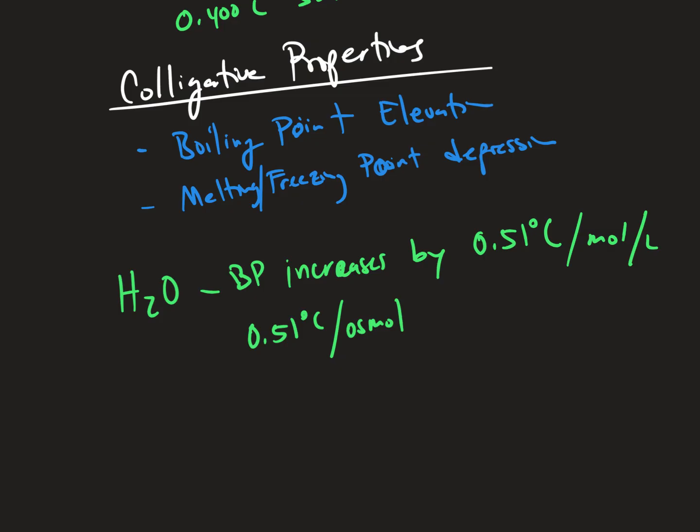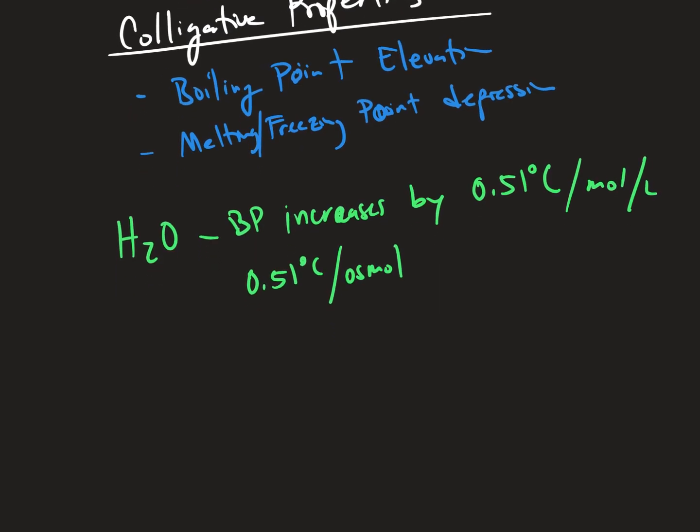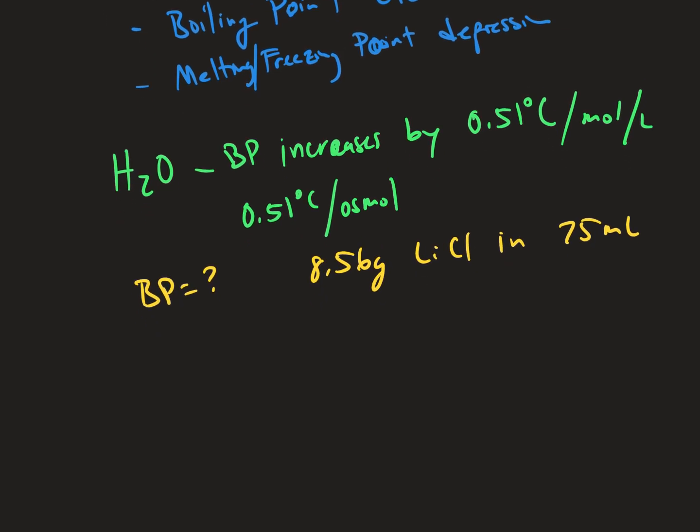All right, so let's say we want to know what the boiling point is if our water contains 8.56 grams of lithium chloride in 75 milliliters of solution. Where do we start?